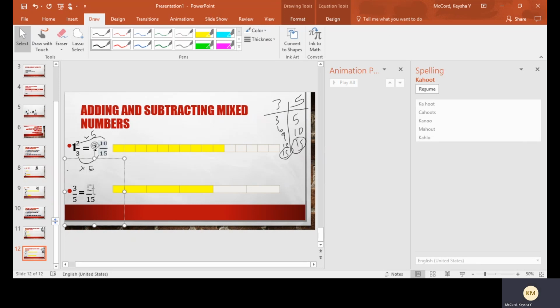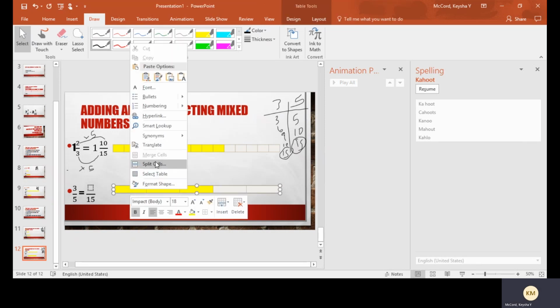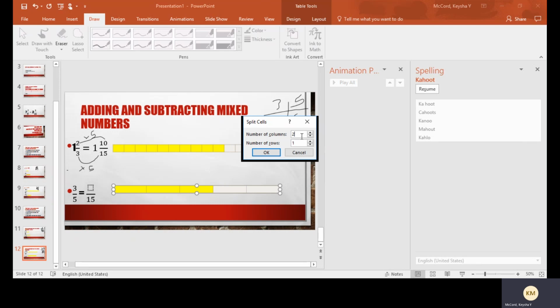Now I'm going to do the same thing at the bottom. Now remember, I want 15. So what times 5 gives me 15? 3. So that means I'm going to split each fifth into 3 equal pieces.